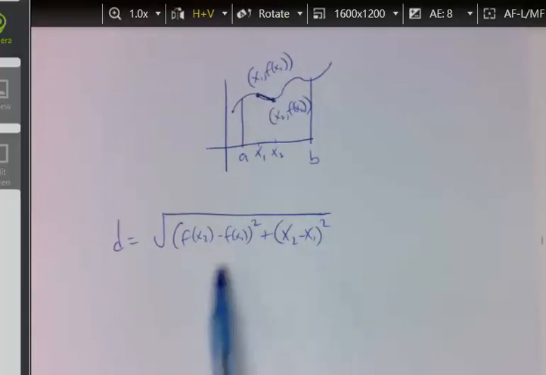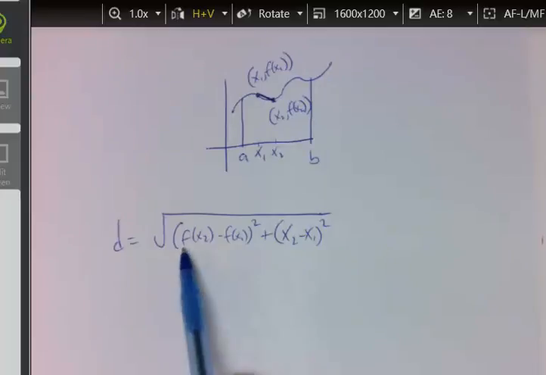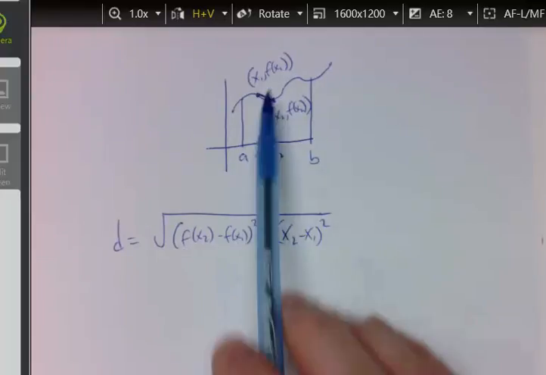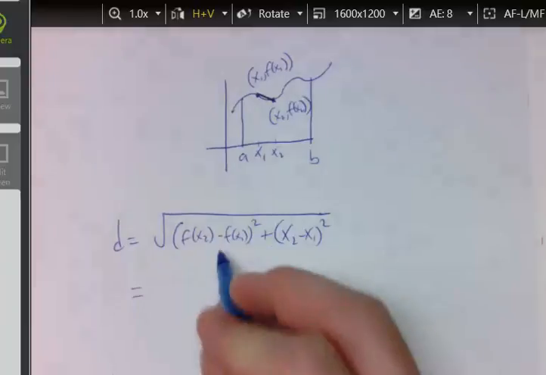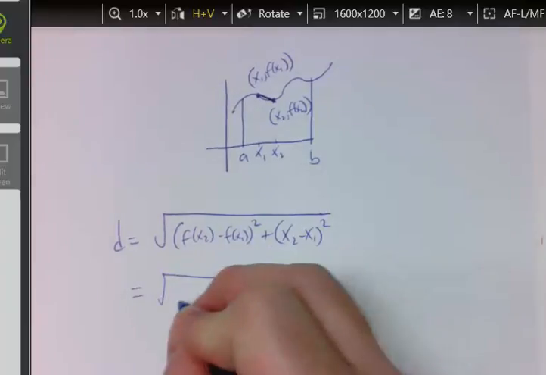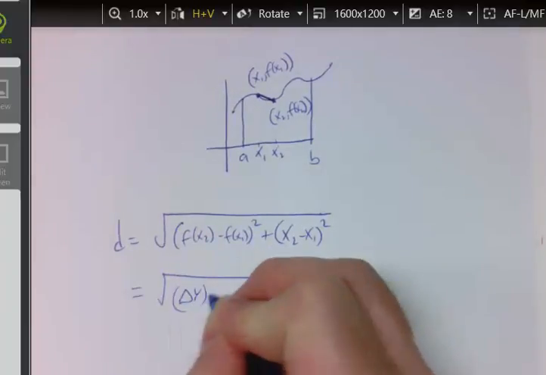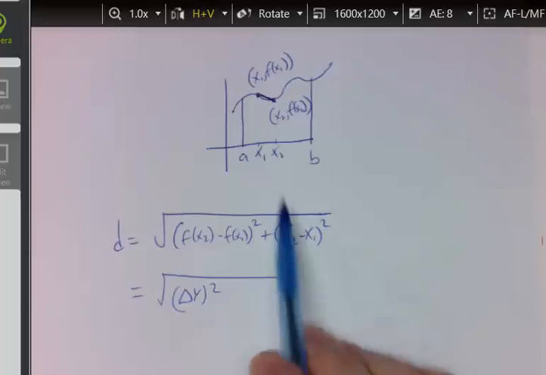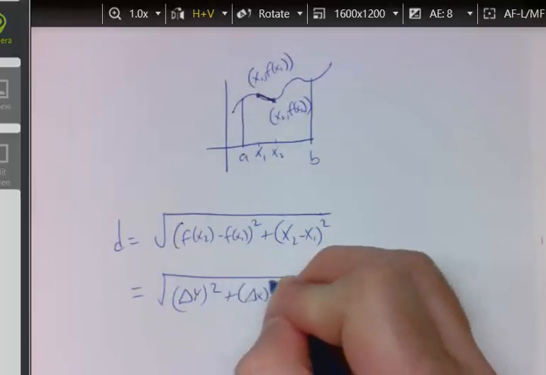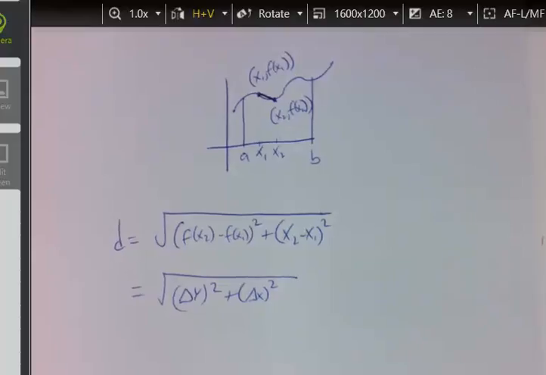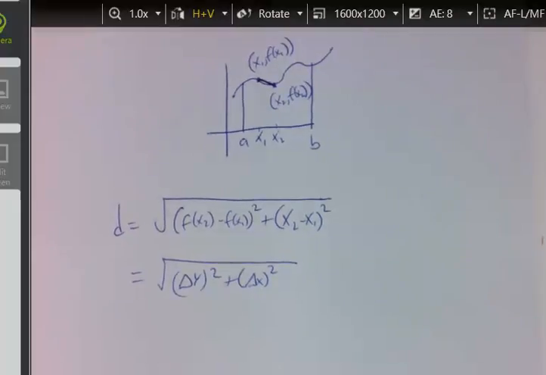But this is kind of cumbersome, so we're going to write it a different way. f of x2 minus f of x1 is really just the change in y values, so I'm going to call that delta y. And x2 minus x1 is just the change in x, that's delta x. There's our distance formula in a simpler form.